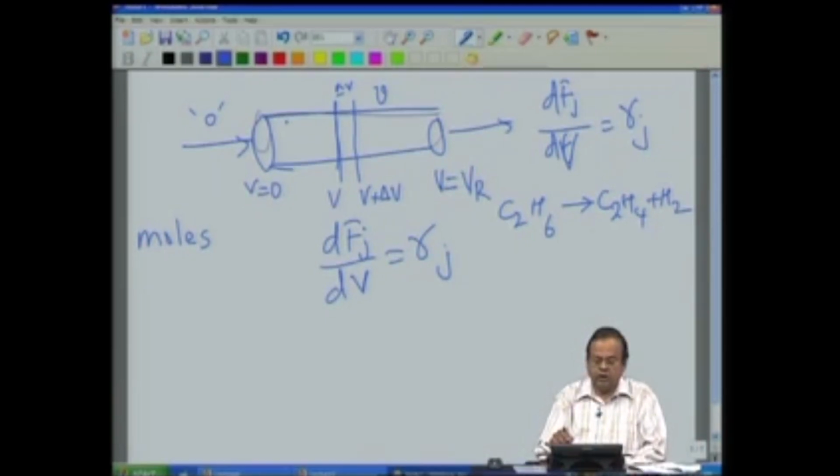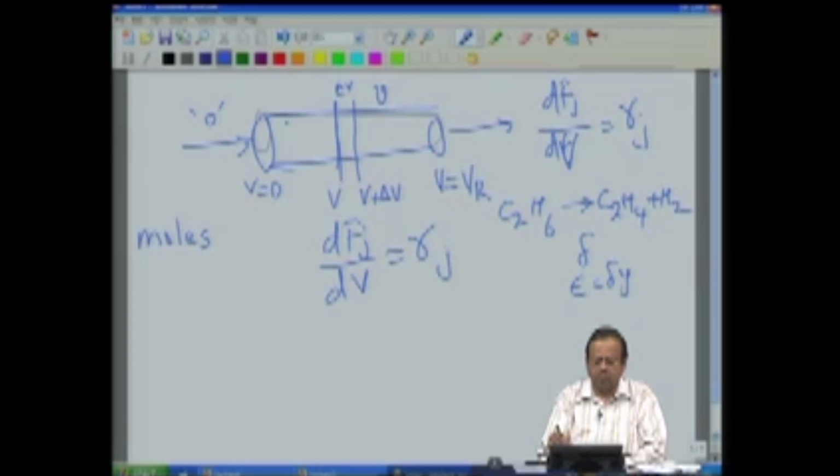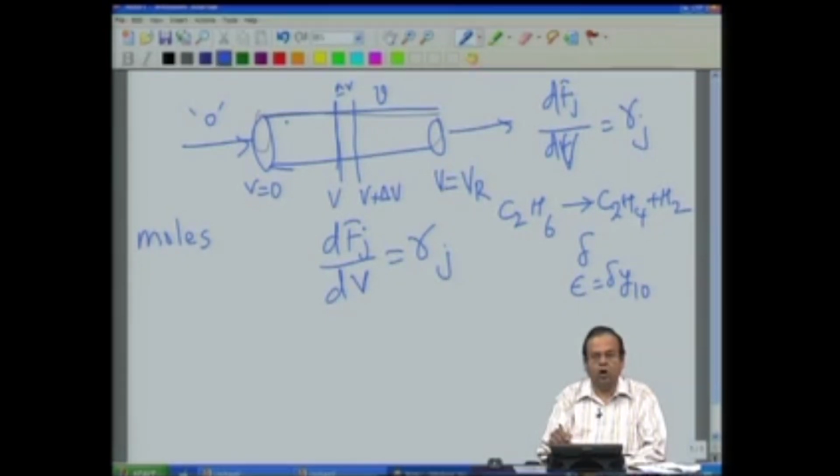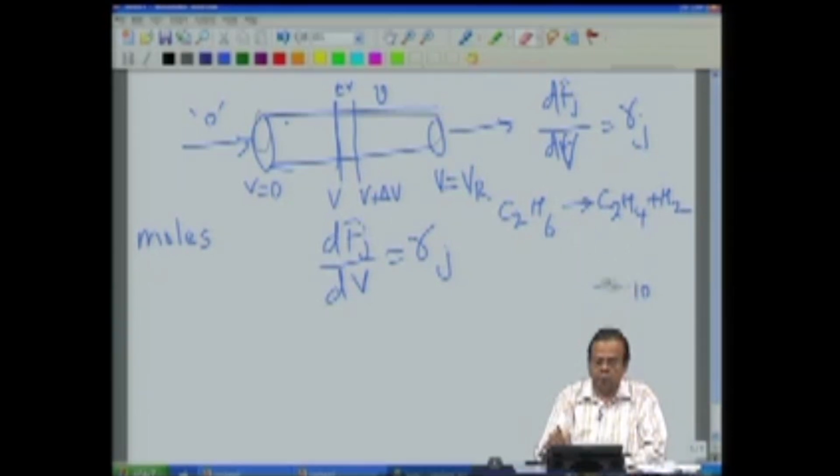Now, what is happening here is 1 mole is giving rise to 2 moles. So, without going into details, we have delta, the change in number of moles, then epsilon as delta times y j0, that is initial mole fraction, all these things we had considered earlier. So, I am not going to repeat once again, but the idea is the following.